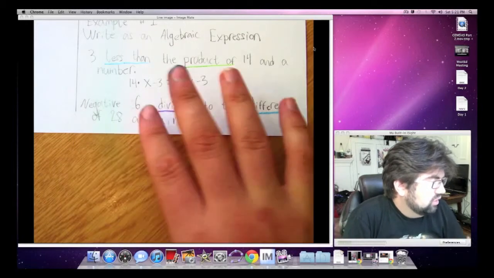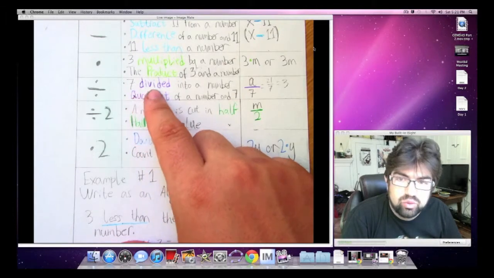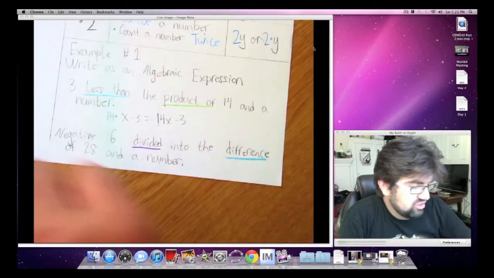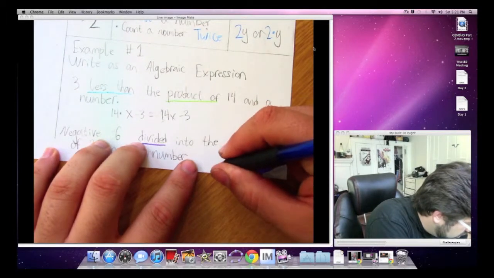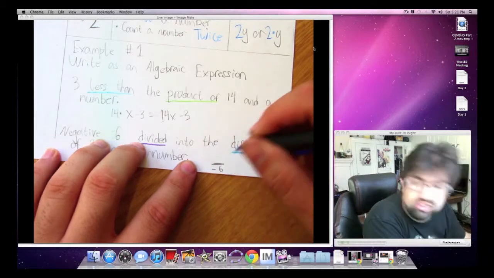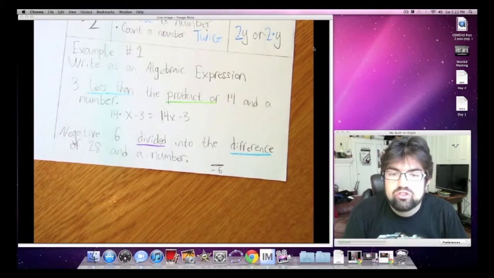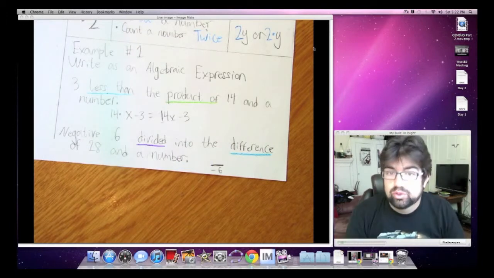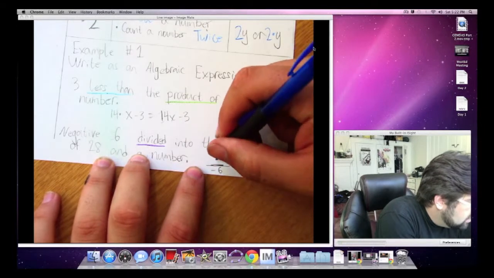If I look back up at my examples, 7 divided into means 6 is going to be on the bottom. So I'm going to put 6 right there, and 6 is dividing something. 6 is in the denominator. Well, 6 divided into the difference means the subtraction is going to happen up top.